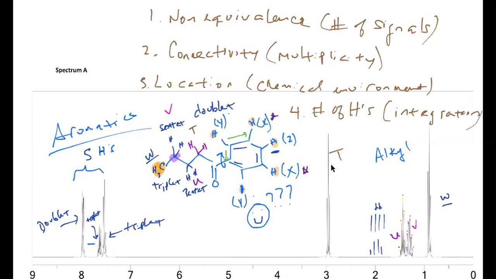Those are the 4 main pieces of information that we take from any spectrum: the number of signals, the number of hydrogens each signal represents, the location of those protons, whether in electron-rich or poor environments, and the connectivity of the carbons where those protons are.